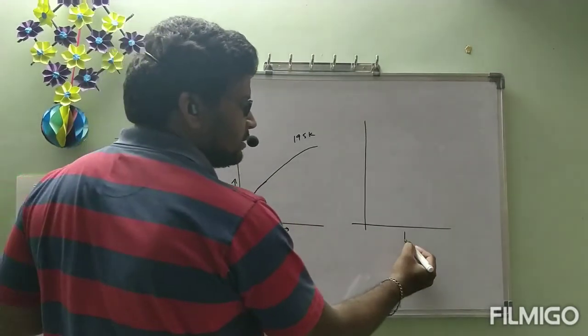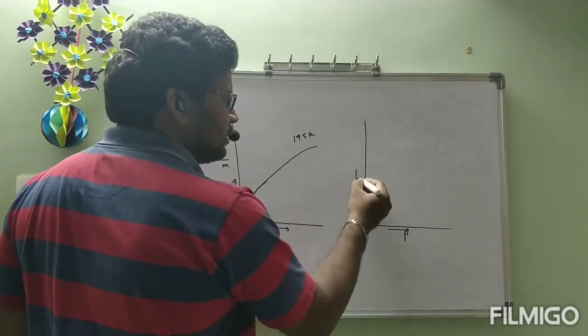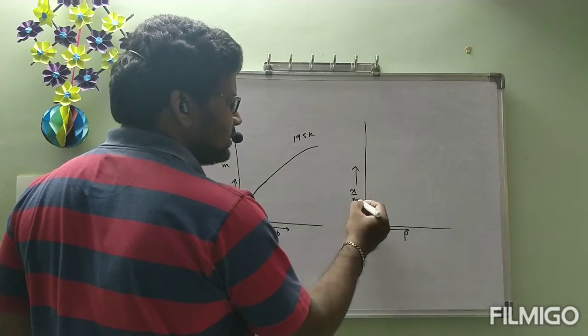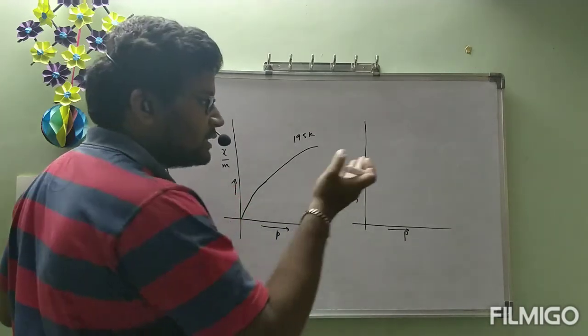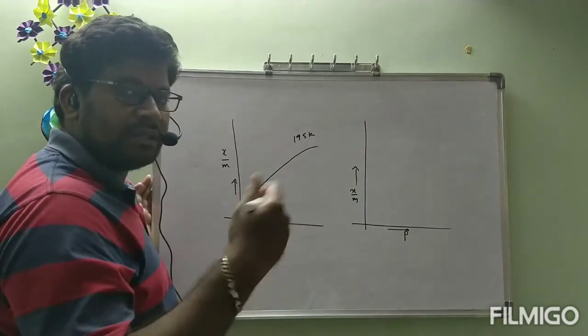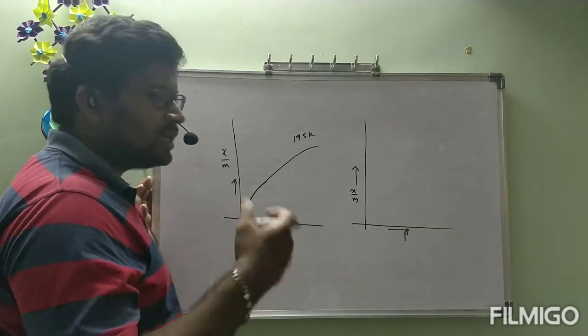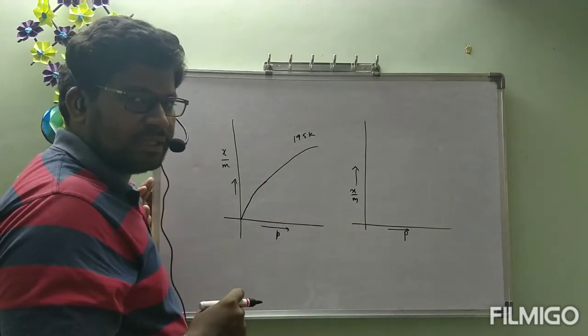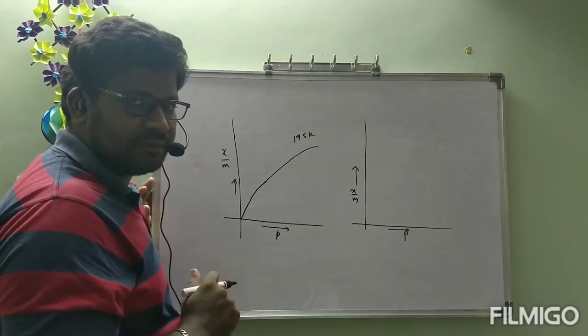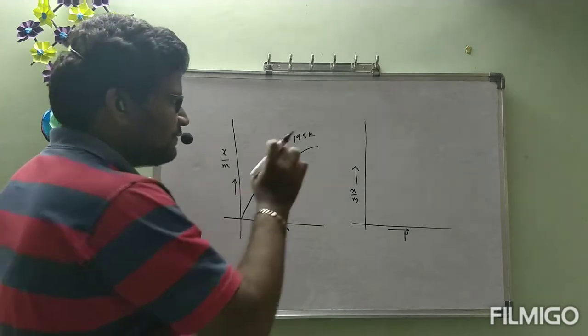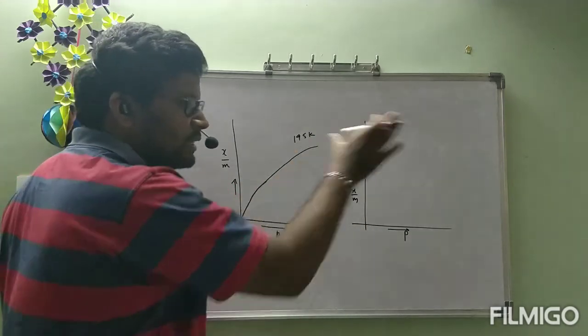Same pressure on the x-axis, x by m on the y-axis, but this observation we made at another temperature, say 200 or 260 degrees centigrade. Temperature is increased, from one experiment to another experiment.